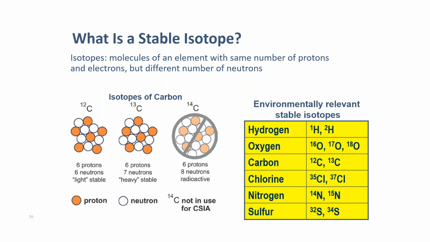Carbon-12 is about 99% of the carbon on Earth and has 6 protons and 6 neutrons, and that's termed light or stable. Carbon-13, on the other hand, is about 1% of the carbon on Earth and has 6 protons and 7 neutrons. The extra neutron does not have a charge, but it does have mass, and we can measure that mass. Carbon-14 is a radioactive form of carbon, and we don't use that outside the lab.